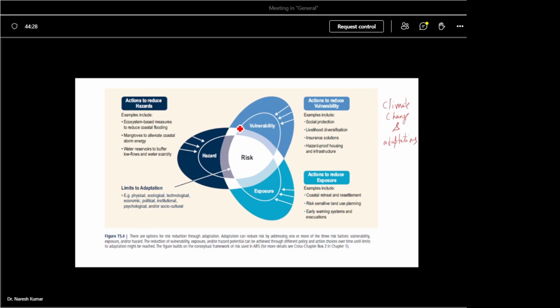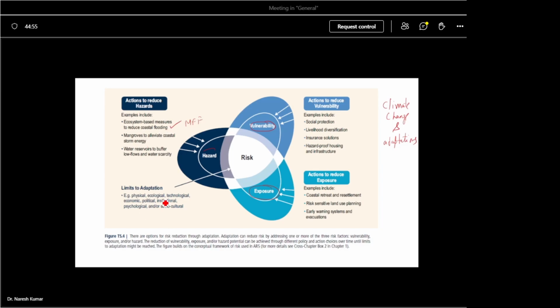So what adaptation can do is reduce the risk factors by addressing vulnerability, exposure, and hazard. Consider examples related to reducing hazards, for example, ecosystem-based measures to reduce coastal flooding, say MFF, the Mangrove Forest for Future. So this is an example.